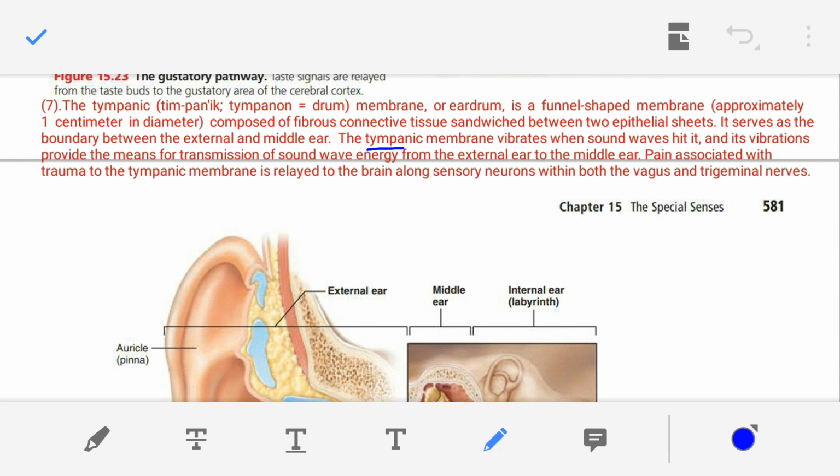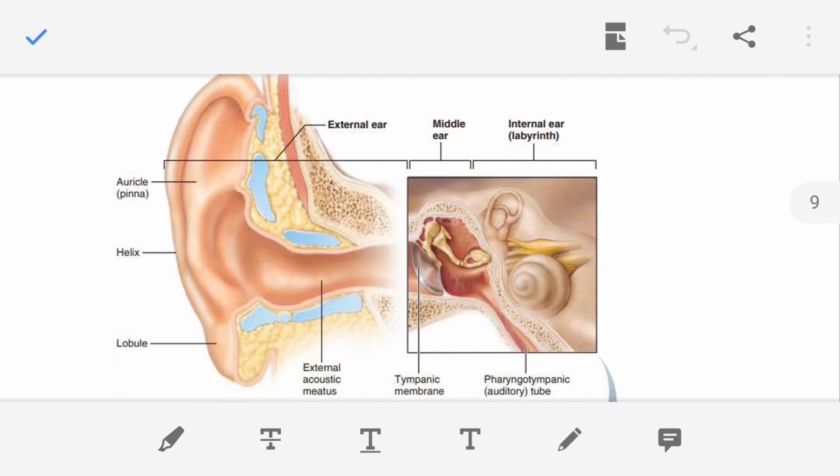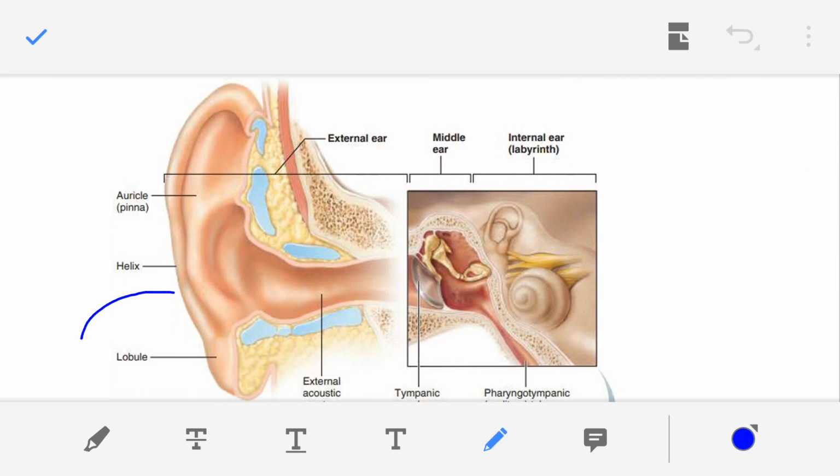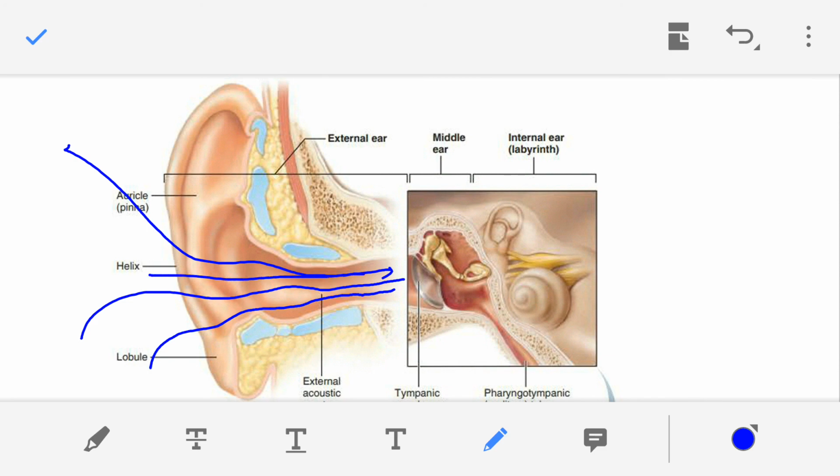Now the tympanic membrane vibrates when sound waves hit it, and its vibration provides a means of transmission of sound wave energy from the external ear to the middle ear. So let's say the sound waves are entering. The auricle is channelizing the sound waves into the external auditory meatus, and finally these sound waves strike the tympanic membrane.